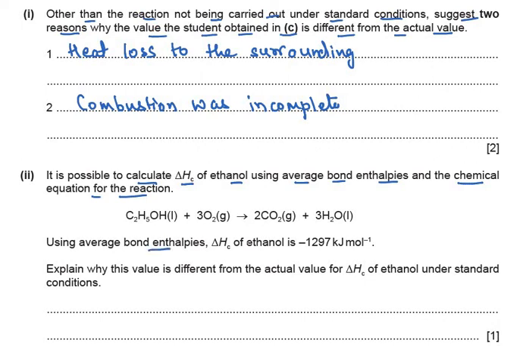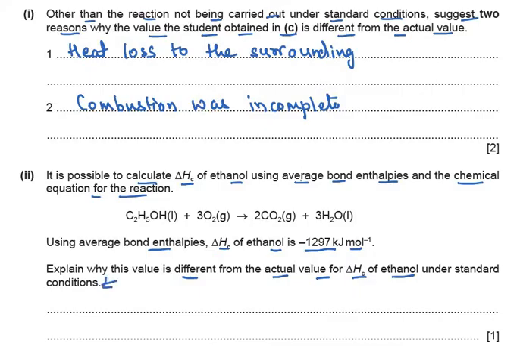Using the average bond enthalpies, delta Hc of ethanol is minus 1297 kilojoules per mole. Now explain why this value is different from the actual value of enthalpy of combustion of ethanol under standard conditions.